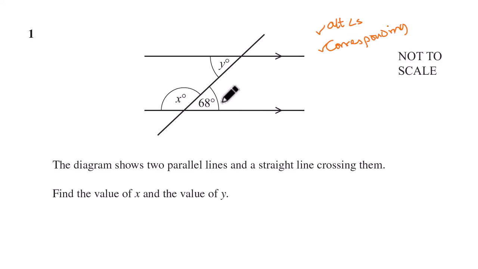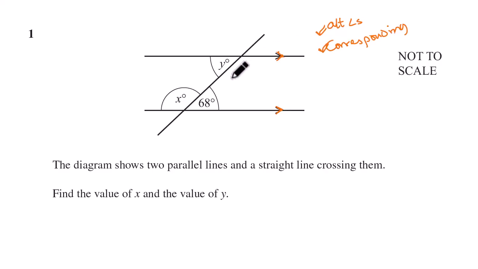Now, what we have here is a parallel line, as you can see, with this arrow and this arrow. A pair of parallel lines. As soon as you see this arrow, it means you have one pair of parallel lines and you begin to look at these properties.